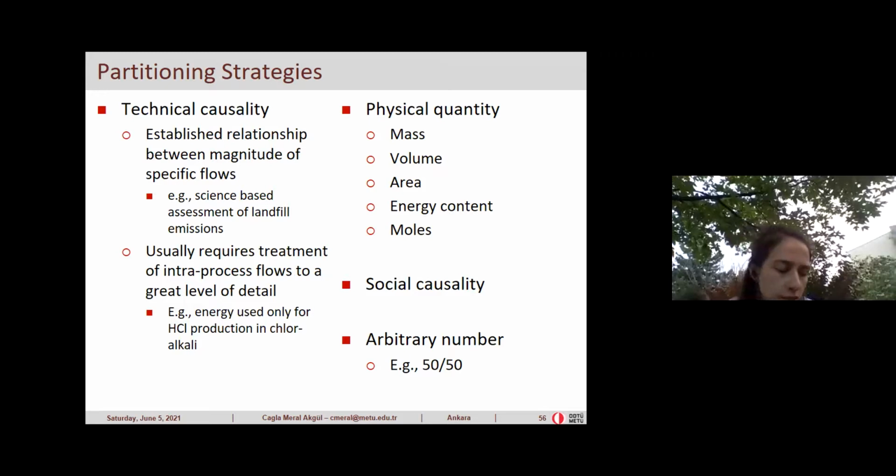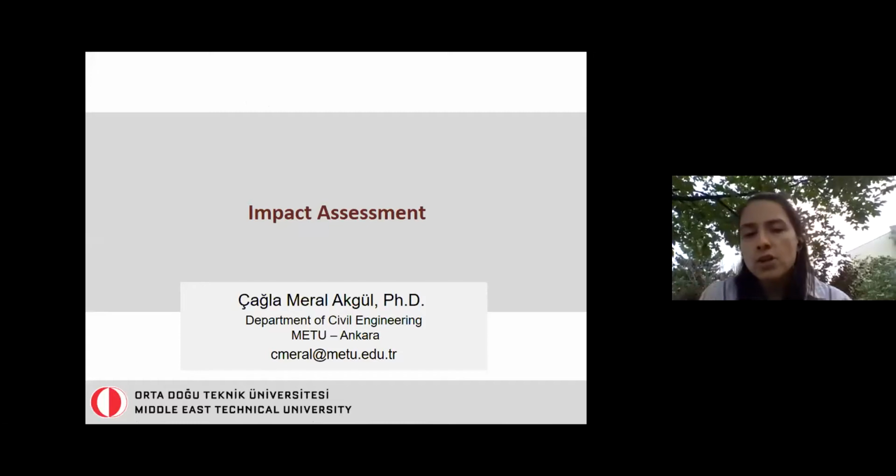I produce this kilos of this product A, this much kilo of product B, so that's how I will allocate my emissions. Or you can do social causality, or you can just arbitrarily come something from your mind and say 50-50. I divide all the emissions between these two processes. The final stage is your impact assessment.